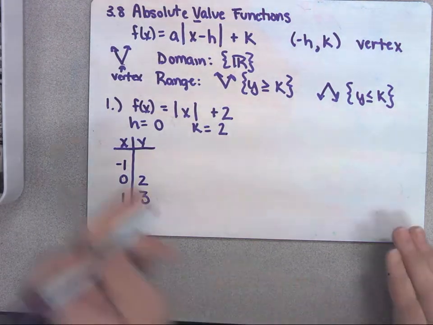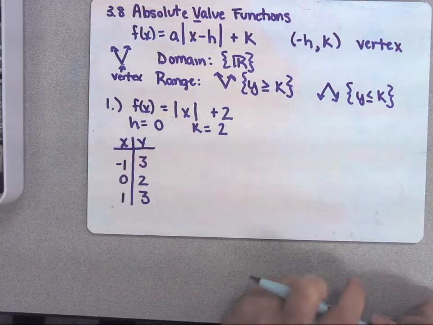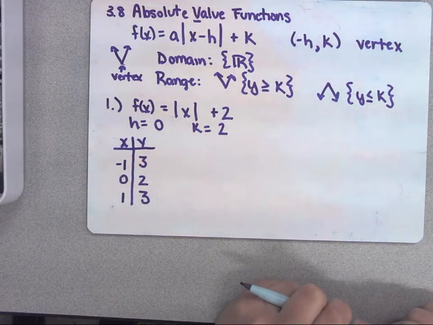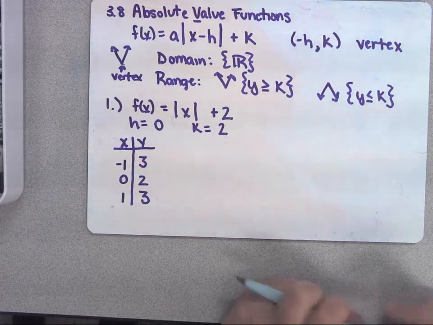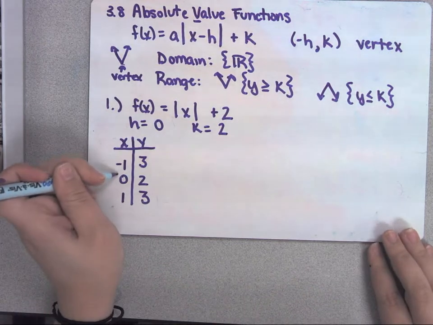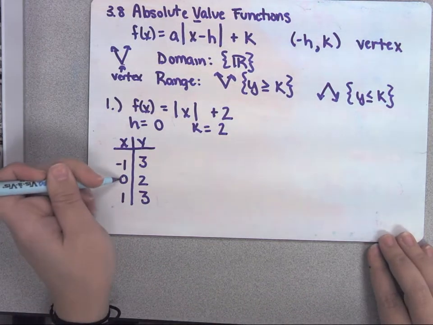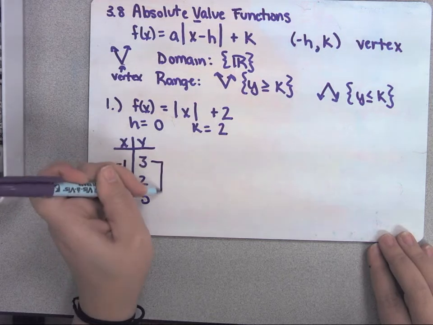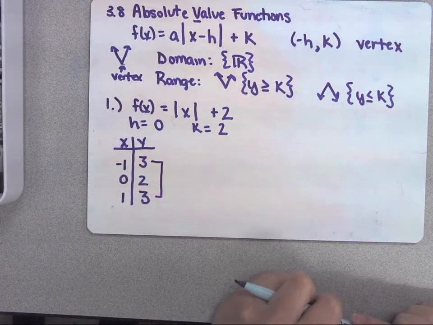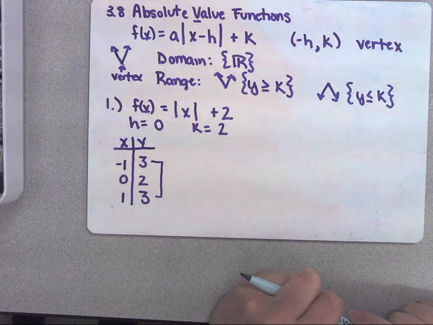What do you notice? They're the same answer. With absolute values, if the x distance is the same, you see how these are 1 away? The y values will always be the same answer. So you only ever have to plug in one of them.